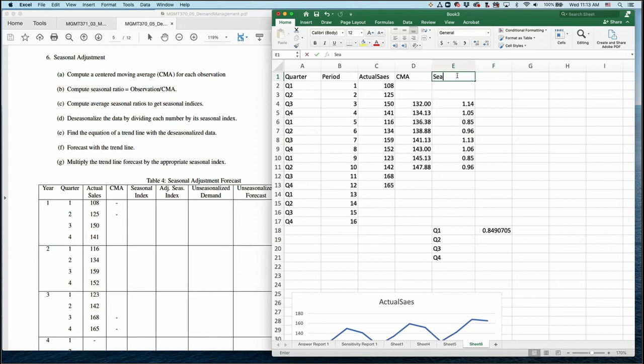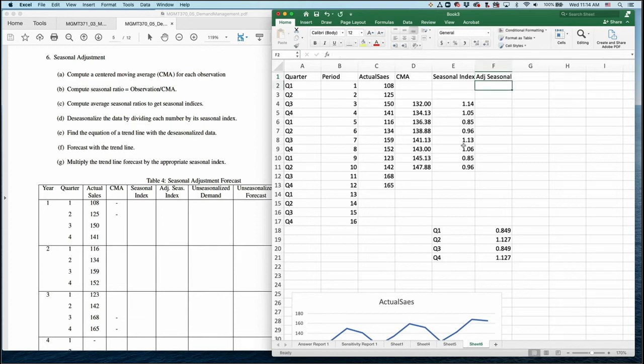and this is our original, the raw seasonal index, but we have to adjust this seasonal index. Adjusted seasonal index means what? So we have individual seasonal index, but this can be different over years.